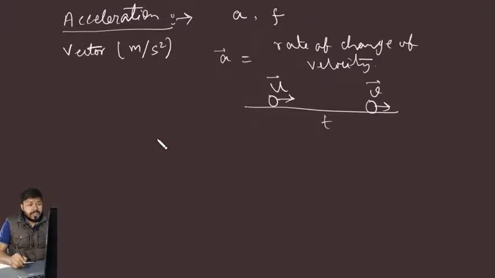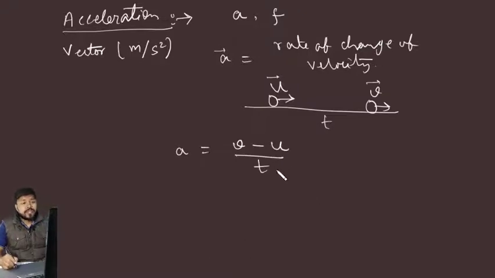Then we can say that the acceleration of the body equals final velocity minus initial velocity divided by time. So change in velocity per time, v minus u by t, that's the acceleration. Why meter per second square? Because in the numerator we have velocity, which is meter per second. In the denominator there is another second, so meter per second square. That's the unit of acceleration.